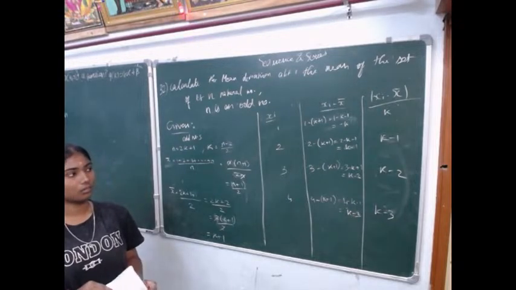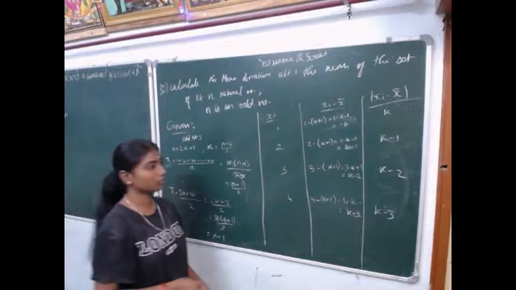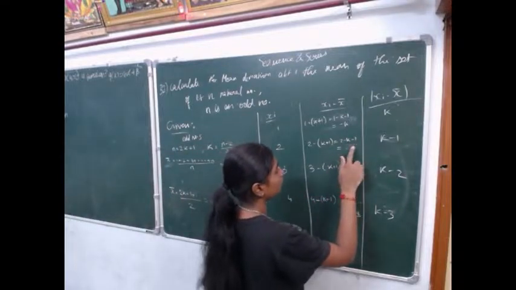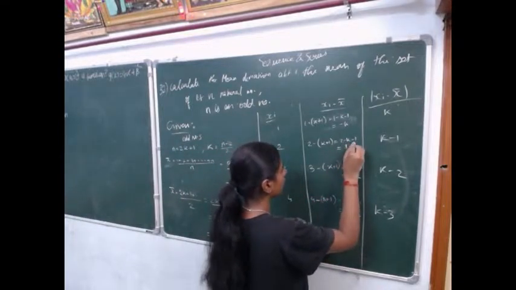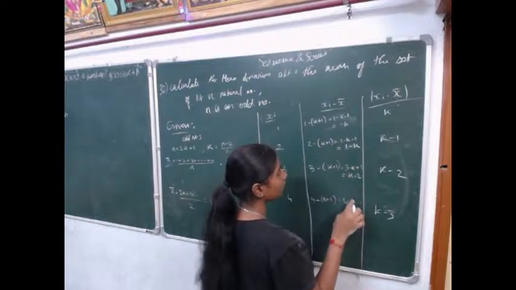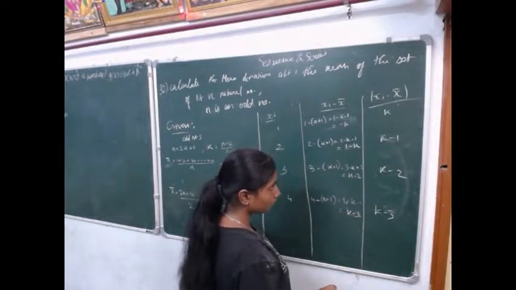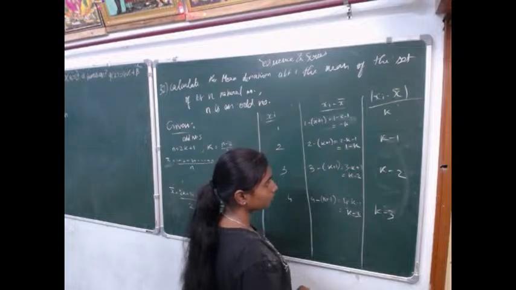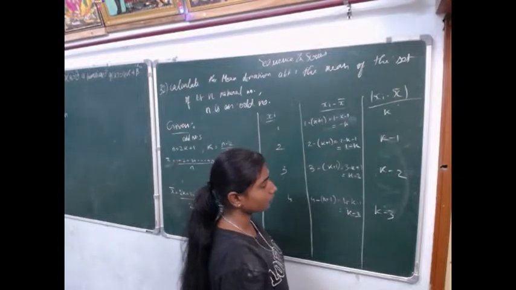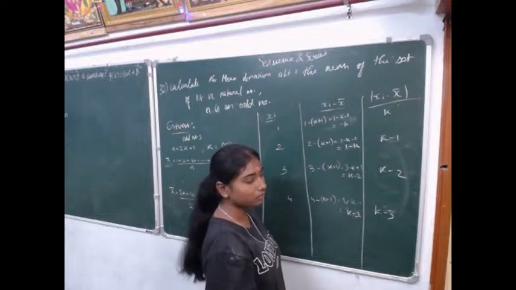So 2 minus 1 is equal to 1 then. You can put 1 minus K. Am I right? That can be written as minus of minus K minus 1. Am I right? You got it?